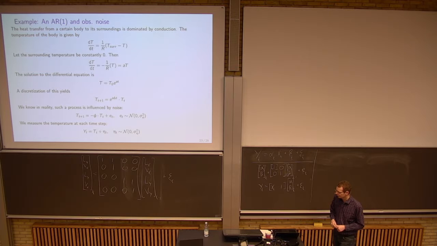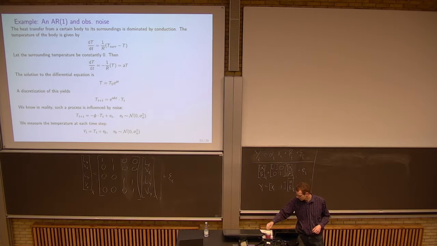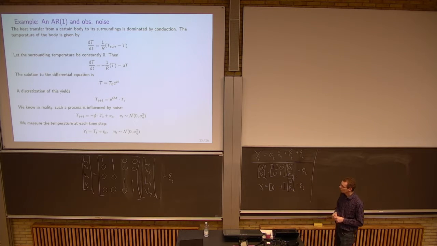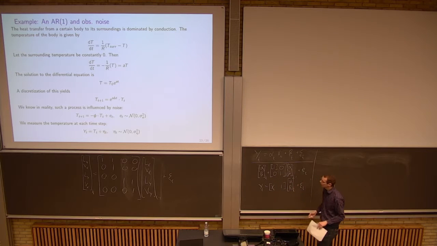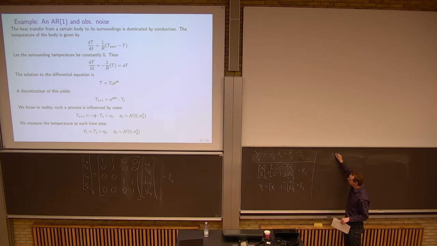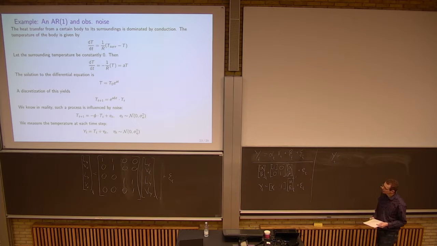So what do we have? How do we get around looking at this set? Basically, what we want to do is to look at yt, and then we know that xt we can isolate.